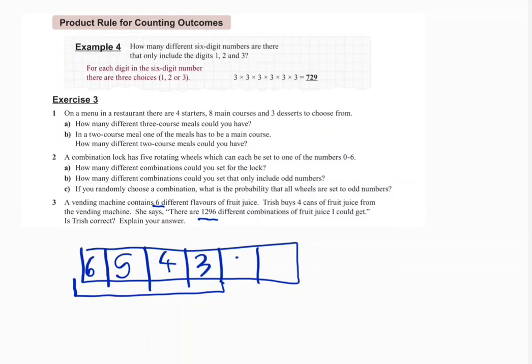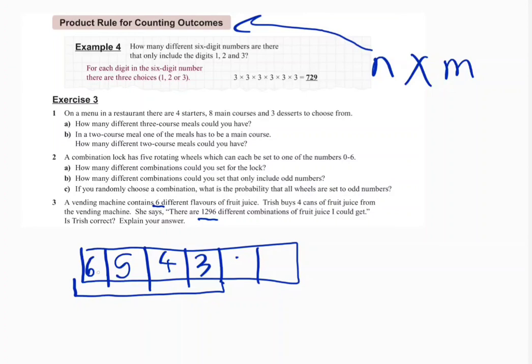Now this should be very familiar, because it should remind you of what we said at the start of the video, which was if you have 2 events and there are n ways of doing the first event and m ways of doing the second event, it's just enough to multiply them, which is basically the product rule for counting outcomes.